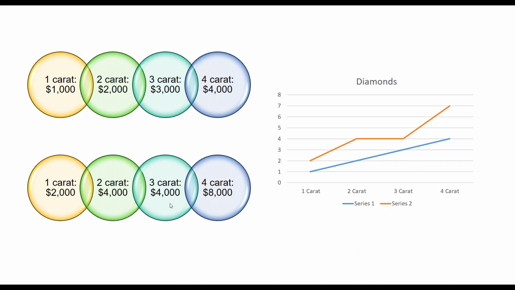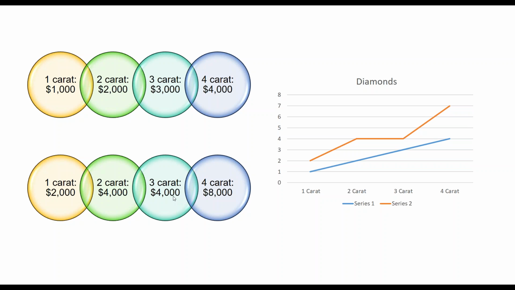It seems inevitable that the 3 carat is going to trade for more than the 2 carat. But based upon supply and demand, it just turns out that they're trading for the same price. But maybe we decide, hey, the 3 carats are probably cheap right now. And if we want to make an investment, we would invest in the 3 carat because we can see a little kink in the curve, in the little diamond curve that we made up.